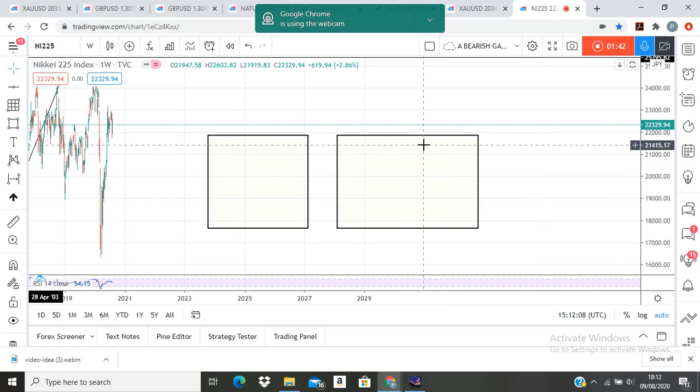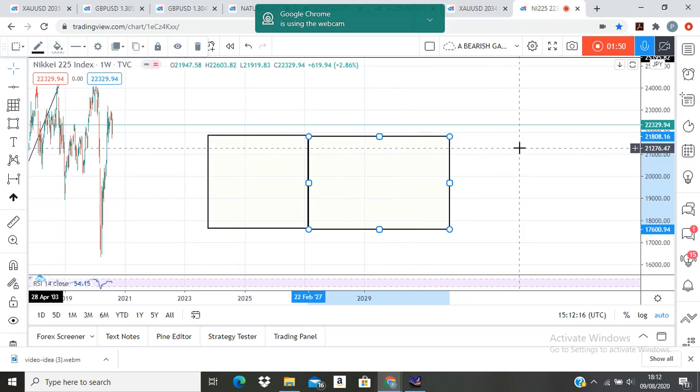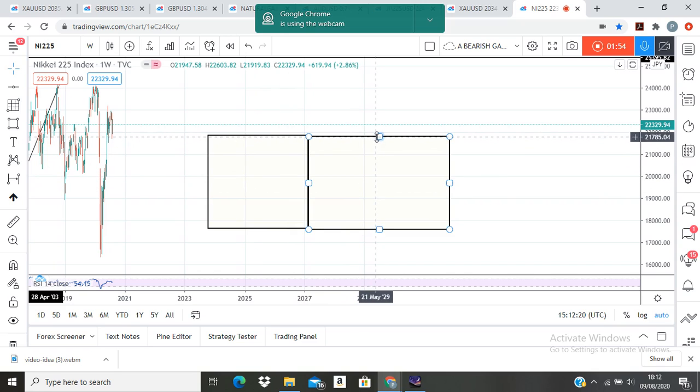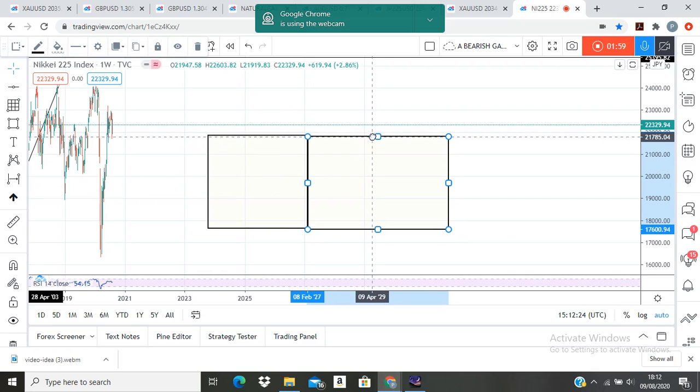If we add these two together in the price trend, what we have is a compound rectangle. It is not an individual rectangle or one combined rectangle.